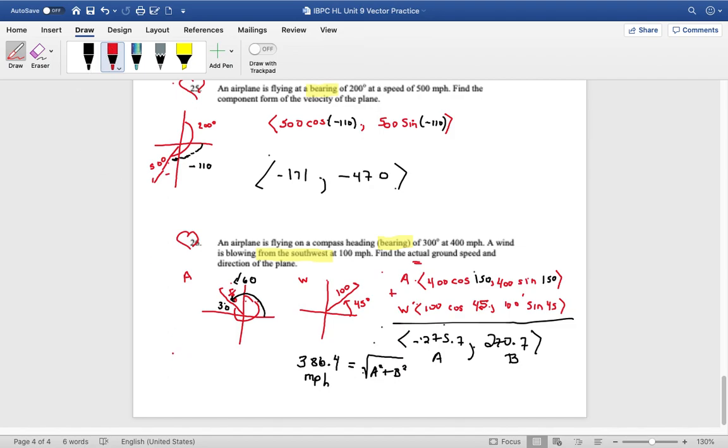So I know the direction it was pointed and I know the direction of the wind, but now what is the resultant direction? So that's asking me for theta. Again, there's multiple ways to do this problem. So I drew a picture for my resultant.